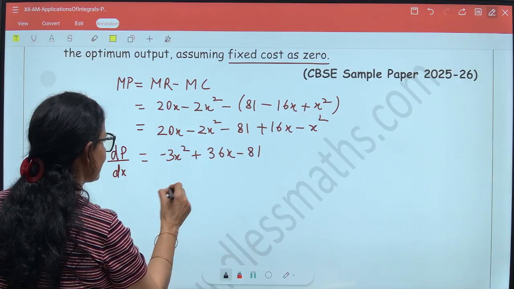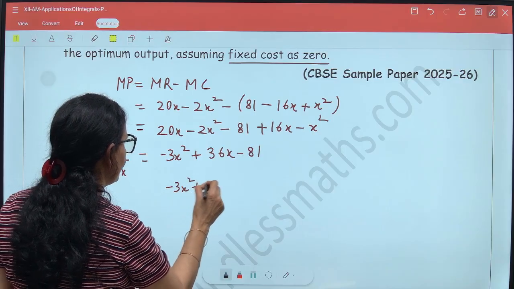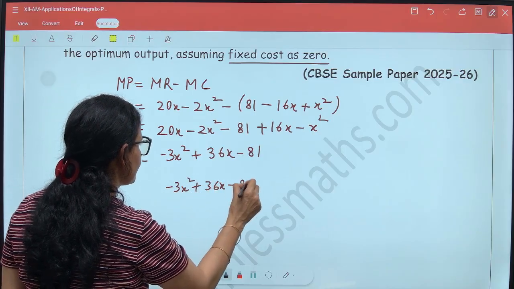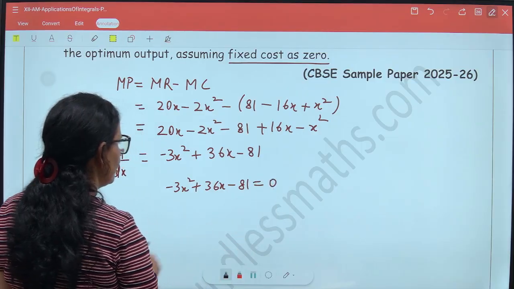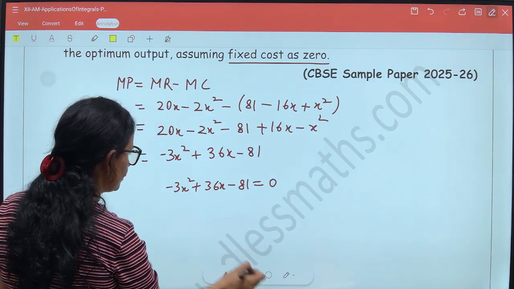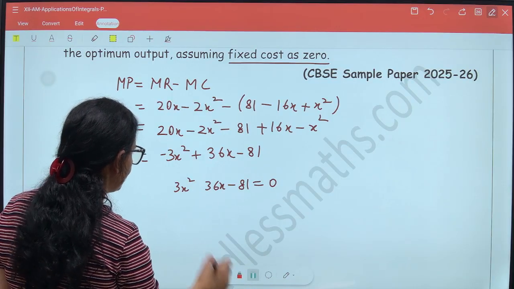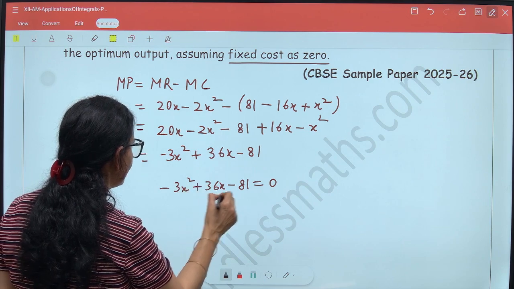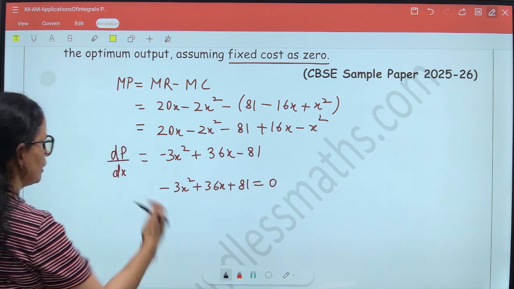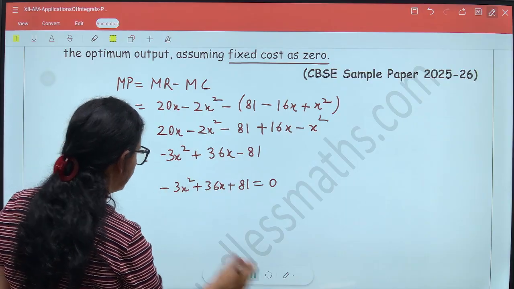So if I put this as 0, minus 3x square plus 36x minus 81 equals 0. Let me change the sign of all the terms so that the coefficient of x square is positive. Basically I am shifting everything to the other side. Divide the entire equation by 3.